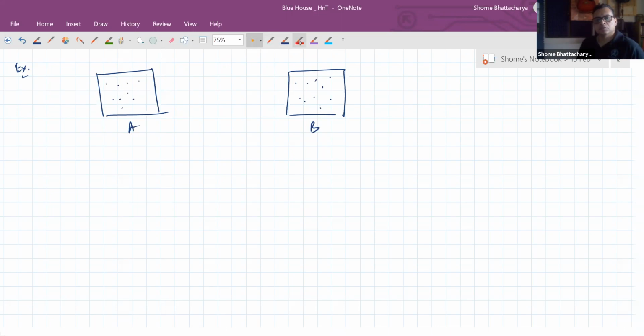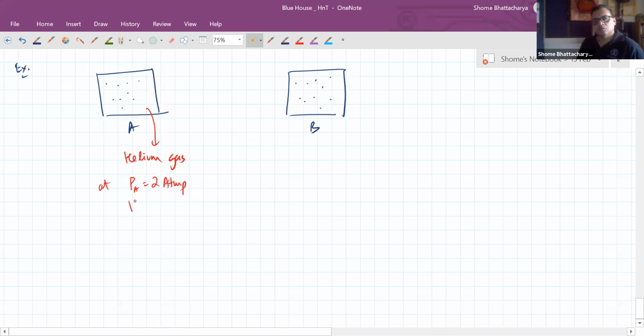Container A has helium gas at a pressure of 2 atmospheres, volume of 5 liters, and temperature of 300 Kelvin.